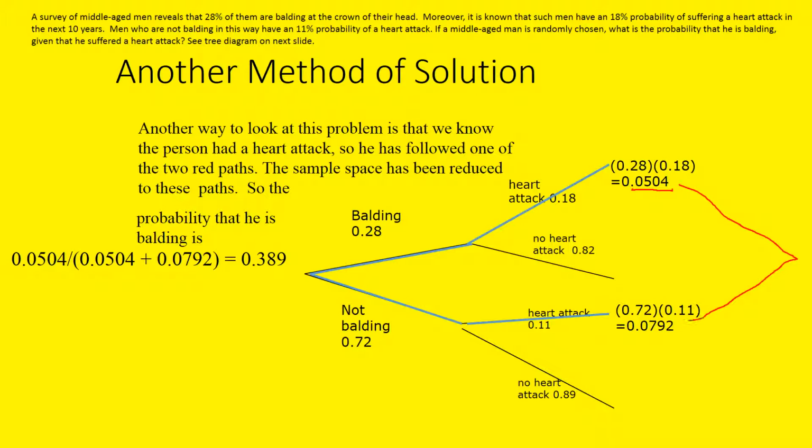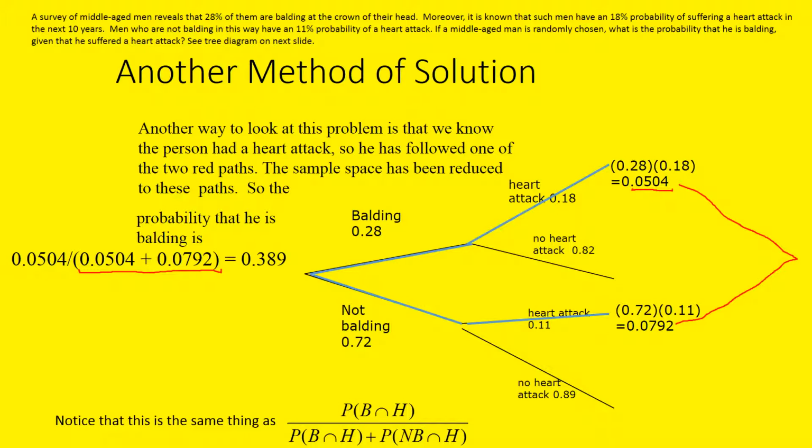Okay, that's the total. That is like the total number of possible outcomes. That becomes our denominator or field of probability. And so doing that division, we get 0.389. So given heart attack, the probability of balding is actually pretty good. Notice that this is the same thing as that first step in the derivation: probability B and H plus probability not B and H.